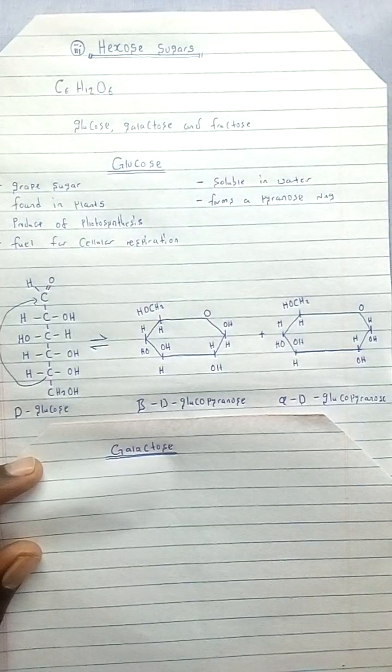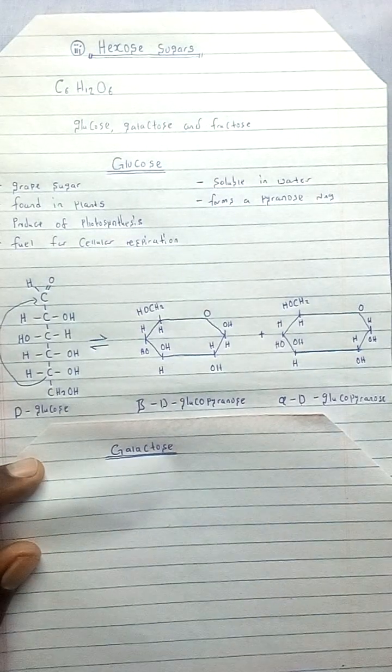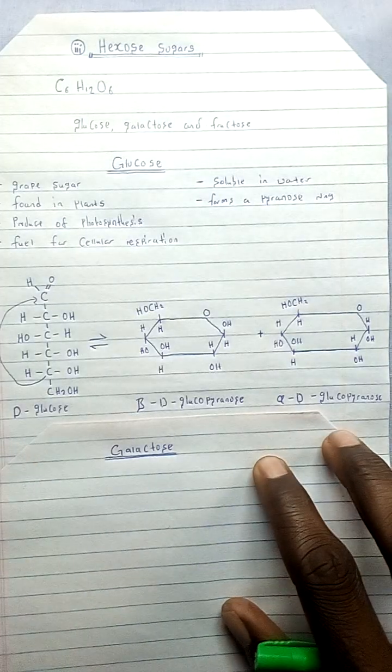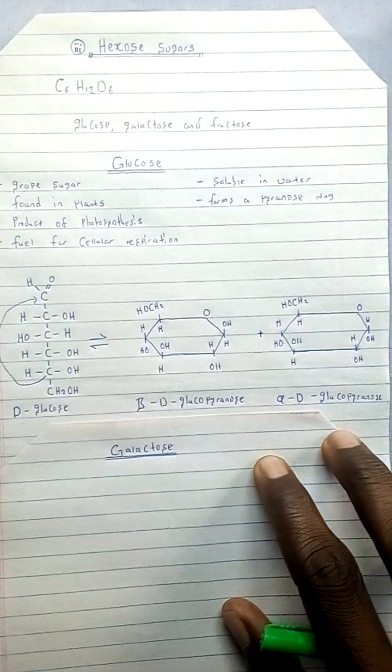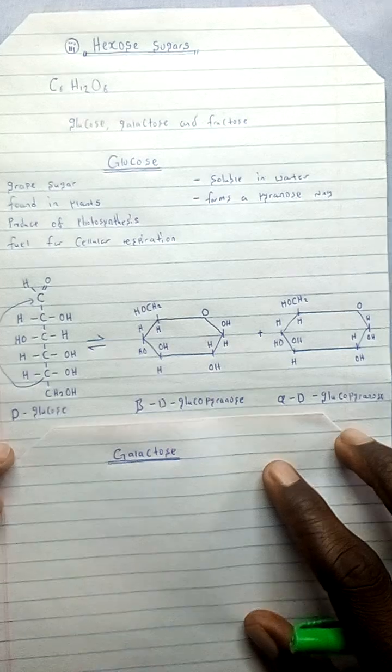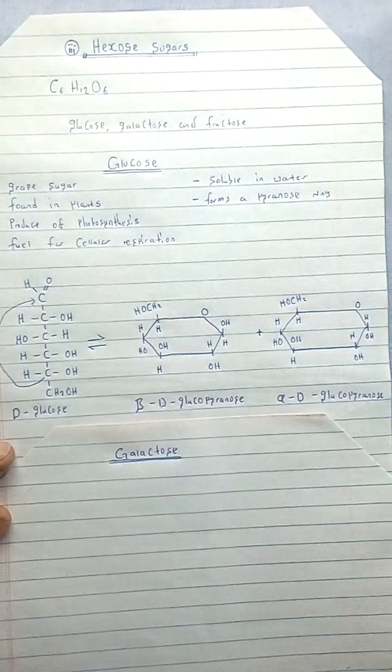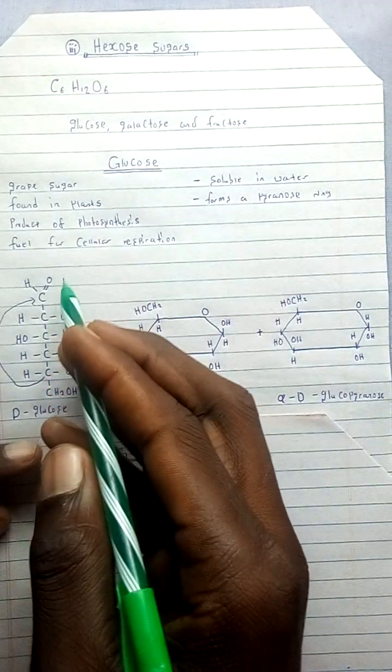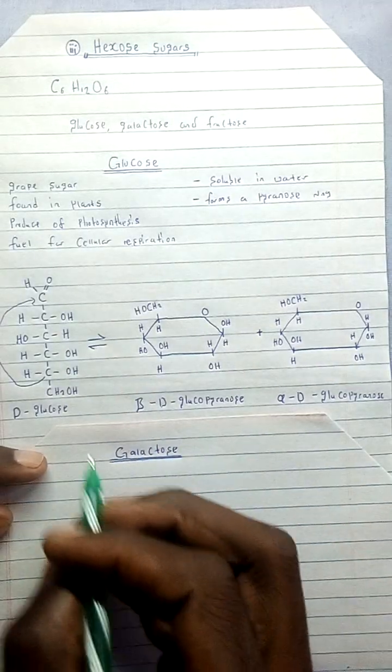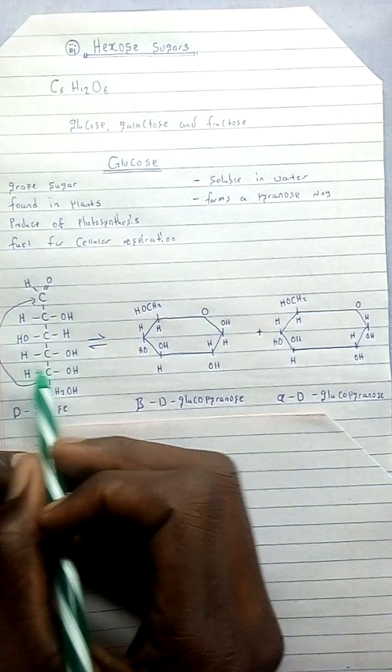Well, let's look at the structure of galactose. Galactose is just similar to glucose, so we'll draw the same structure as for glucose. We only swap on carbon number 4.